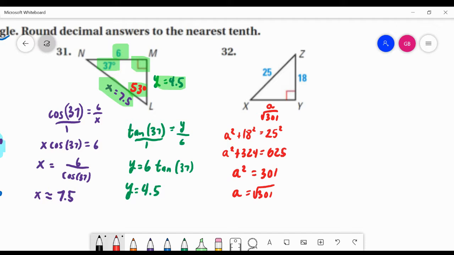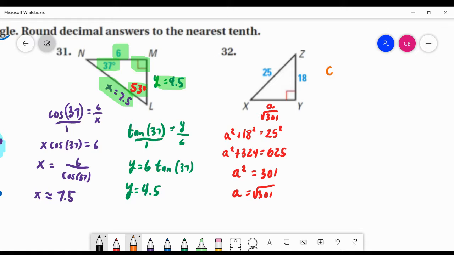We have three side lengths. Now let's find the angles. We already have angle y. Angle y is 90. So angle z, and to avoid using that square root of 301, the 18 is adjacent and the 25 is the hypotenuse.